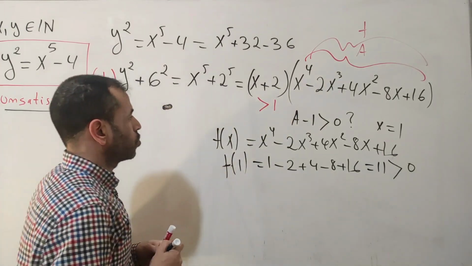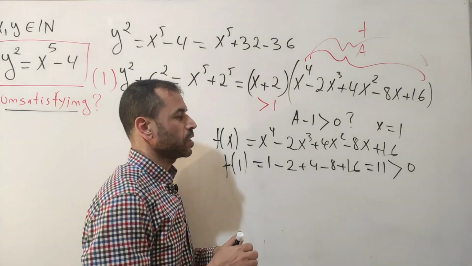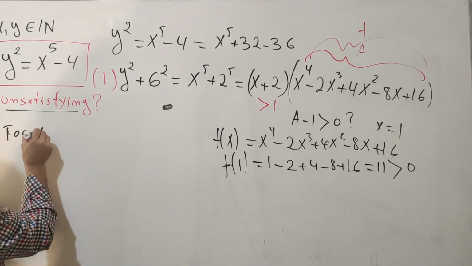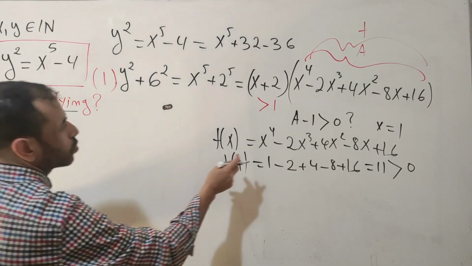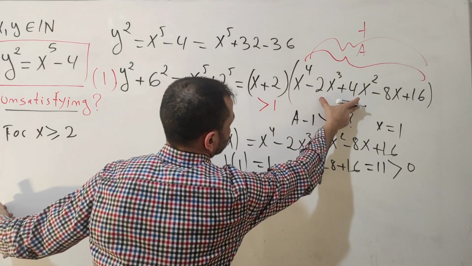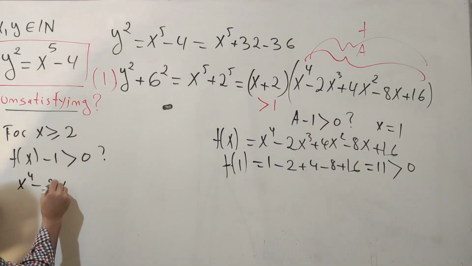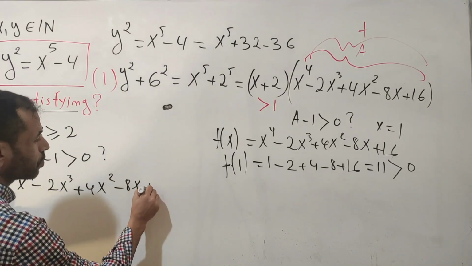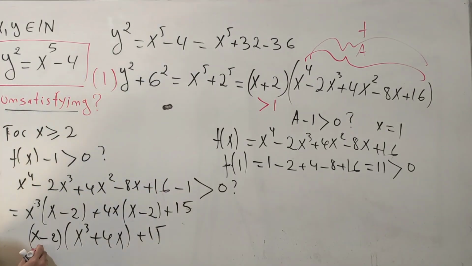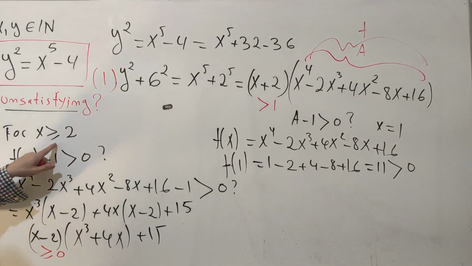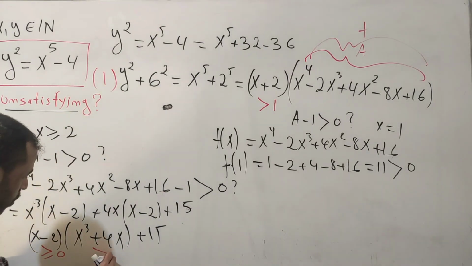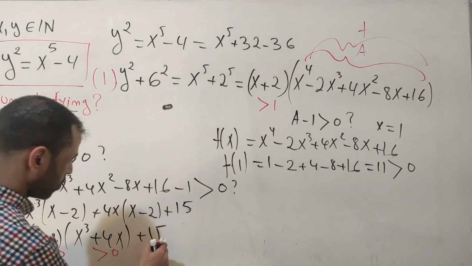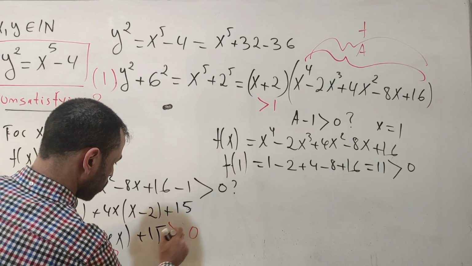Now I make the comparison when x is superior or equal to 2. For all x superior or equal to 2, the expression x to the 4th minus 2x cubed plus 4x squared minus 8x plus 16 is strictly superior to 1, and strictly superior to 0.